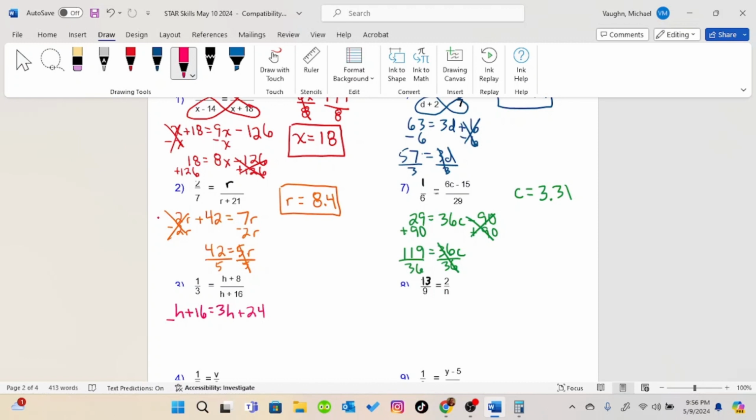We subtract h from both sides, and we get 16 equals 2h plus 24. We subtract 24 from both sides, and 2h equals negative 8. Divide both sides by 2, and h equals negative 4.